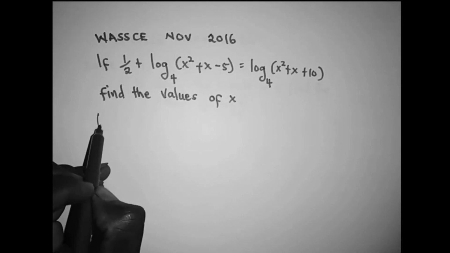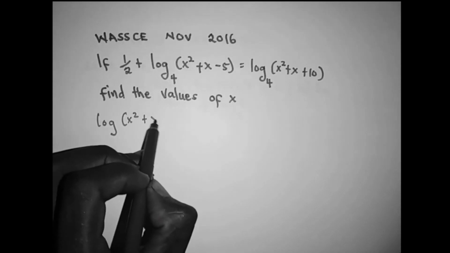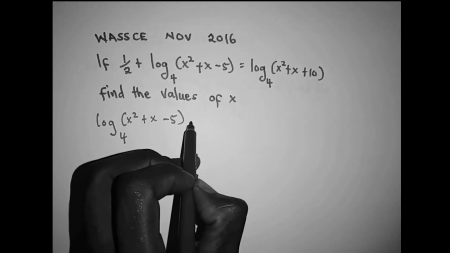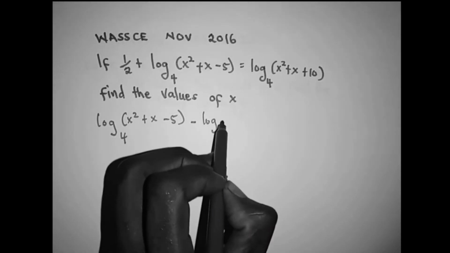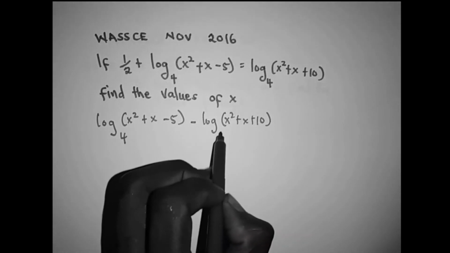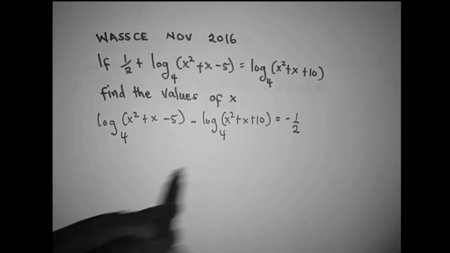So this becomes log x squared plus x minus 5 base 4 minus log x squared plus x plus 10 base 4 is equal to minus 1 over 2.